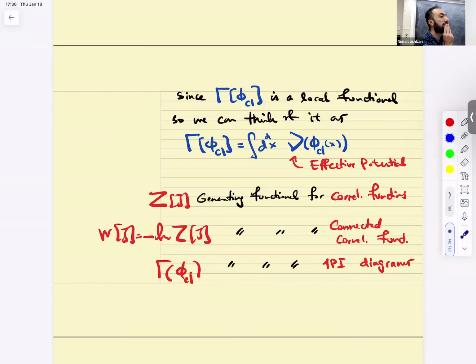The 1-point function in full generality has all sorts of quantum corrections. It's not just classical. Yeah, sorry. So when we said, okay, we can set J to 0 and then we'll get this phi classical that's extremized on the effective action.